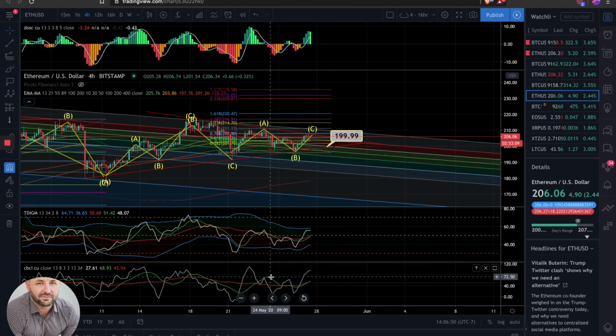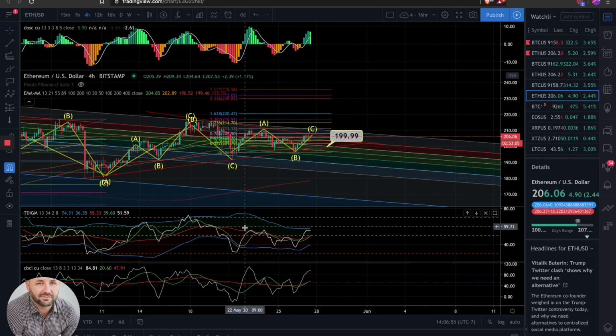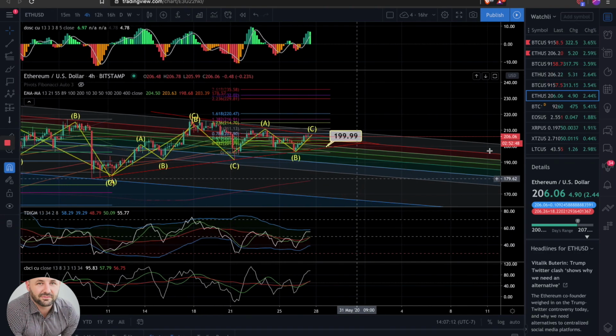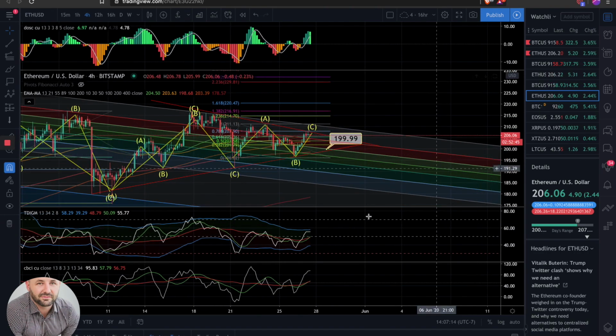Not really seeing any kind of divergence. I mean, maybe a smidge here for potentially some bearish divergence, but not really seeing it anywhere else on a 4-hour. So yeah, that's my thoughts of where we are on the 4-hour.